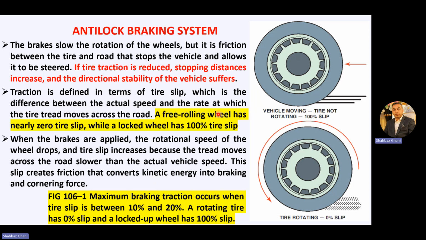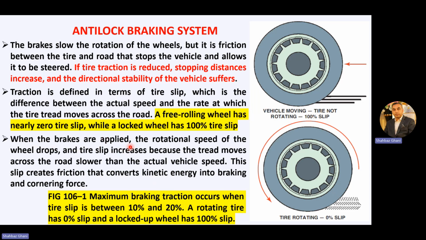A free rolling wheel has nearly zero tire slip, while a locked wheel has 100% tire slip. A free rolling wheel means the contact area is changing, so there is zero tire slip. When it is locked, it means this point is locked, so it has 100% slip with the ground.